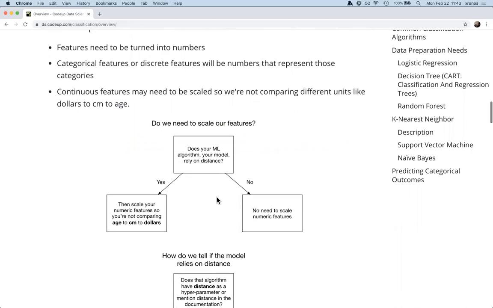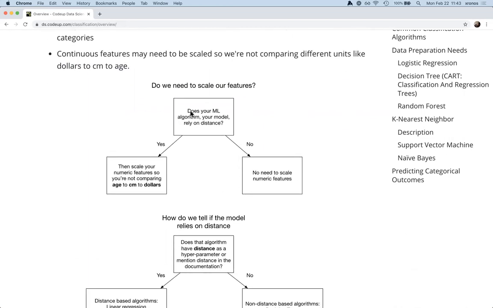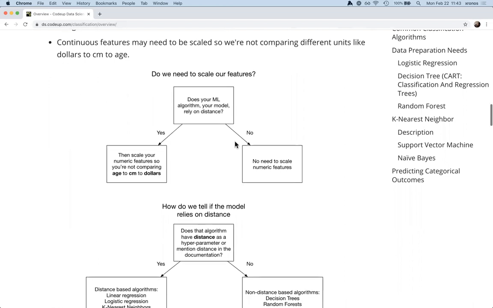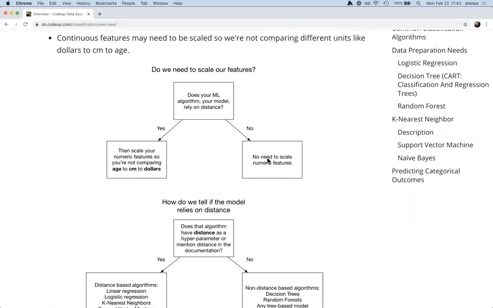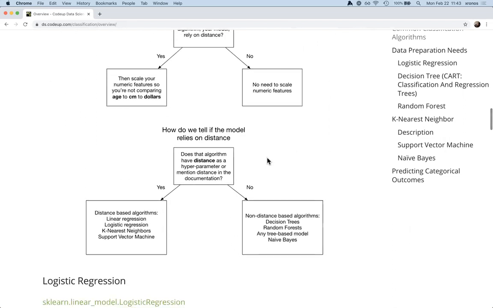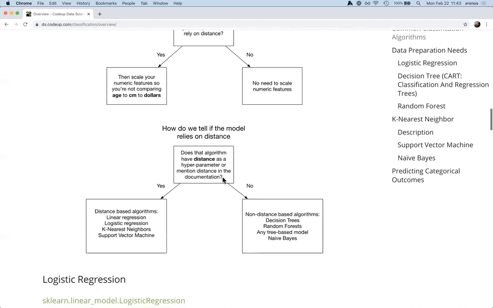Strictly speaking, however, and this is so important, does your ML model rely on distance? And almost all of them rely on distance, which means we're going to scale almost all of our ML models. The one space where we have models that don't rely on measuring distance between data points is anything that's tree based.